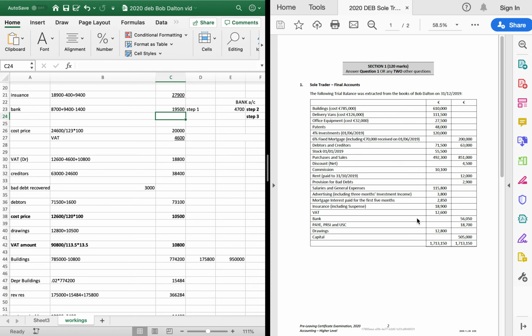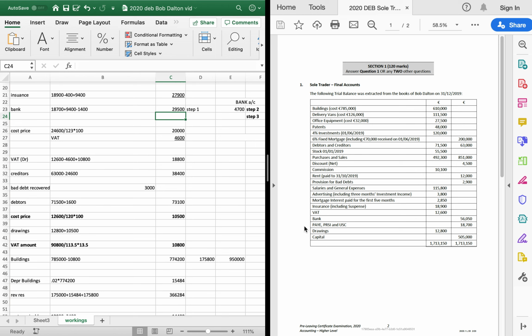Let's see, right. Bank is 18.7. So I find these a little bit hard to read at times.